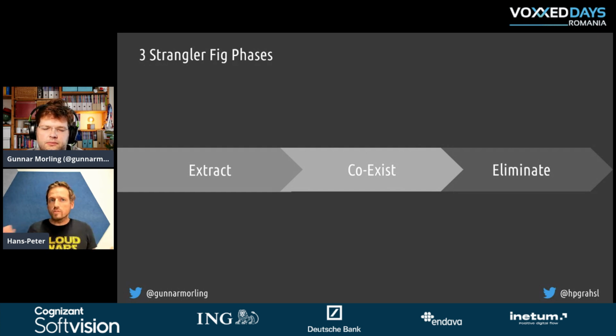So you need to run those services and the monolith in parallel so that they can collaborate. And then, when all those components that you have migrated are working successfully, you could at one point safely eliminate them from the monolith. And this is exactly what we are going to discuss also today.